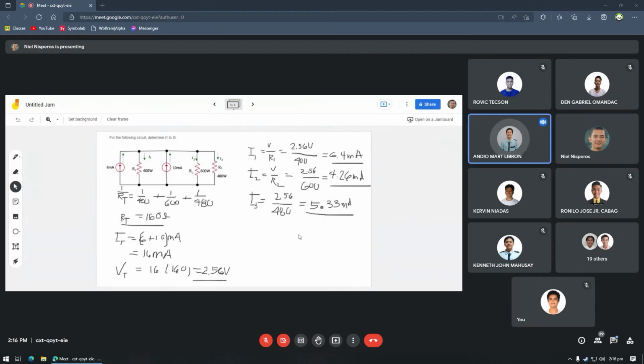Sa kanang 4.26 milliampere? Kanang 26 kay 6666 man na niya, 7. I-round up na ang 6. Pwede mas 7. So 2.667 supposedly, pero ato lang na yung round off siya. 7. Okay, thank you.